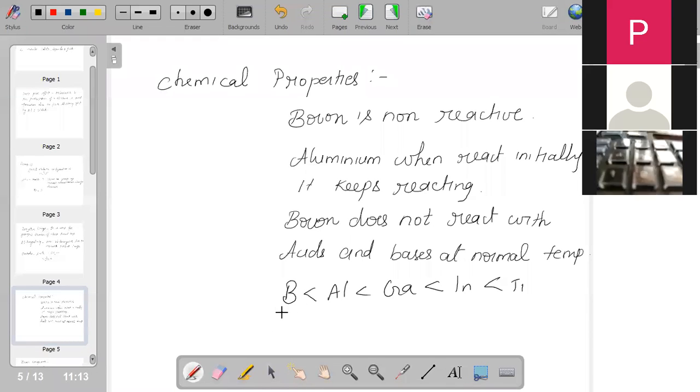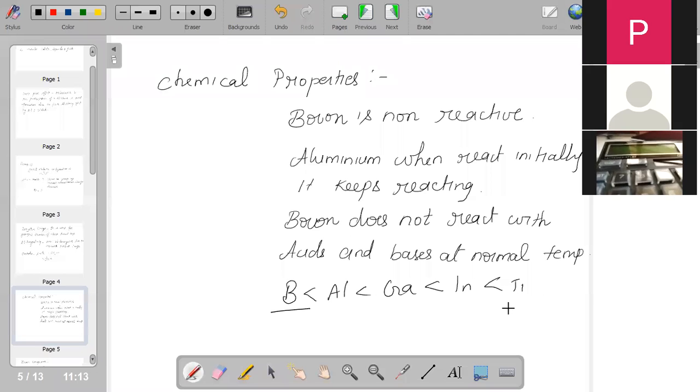Based on it, we could conclude that boron is the least reactive element. And why is it least reactive? Because of its small size and high ionization energy. Thallium is most reactive because of its low ionization energy.